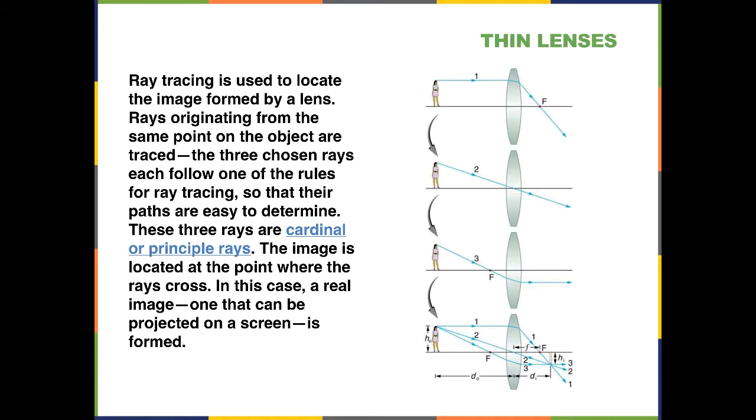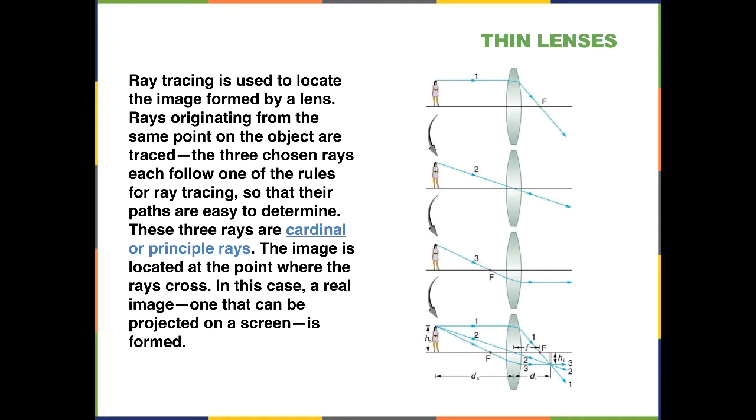The second is directly through the center axis of the lens. The third is through the focal point if drawn on the same side, and then into the lens and then parallel after it passes through the lens. And these 3 intersect at one point, and wherever that is, that's where the image is going to be.